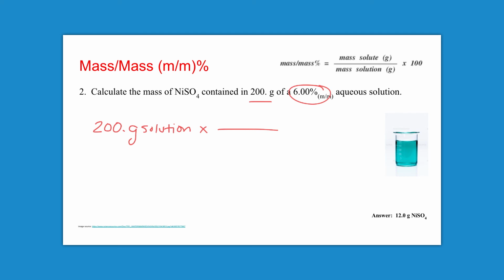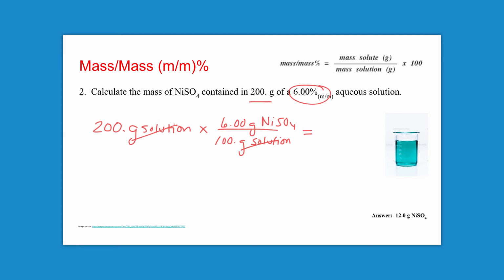So recognize that 6% means 6 parts out of 100, or 6 grams of the solute, which is nickel sulfate, per 100 grams of the solution. So you can see why this would be useful, because now the grams of solution are going to divide out as we take the 200 grams and divide it by the 100.